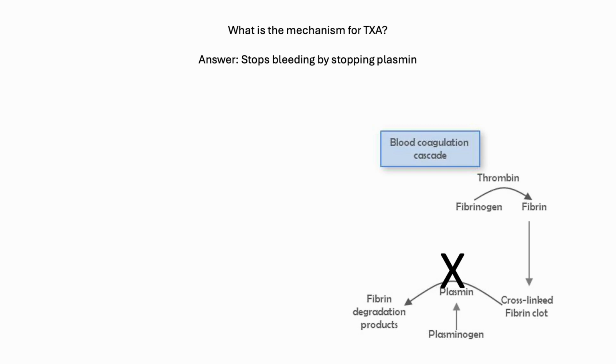I think of it as the glue. It helps cross-link all the clots together. Once you have your clot in place, plasminogen comes along and is converted to plasmin to degrade the fibrin clot. But what TXA does is stop the bleeding by stopping plasmin, so it doesn't allow the clot to degrade. It keeps it there.